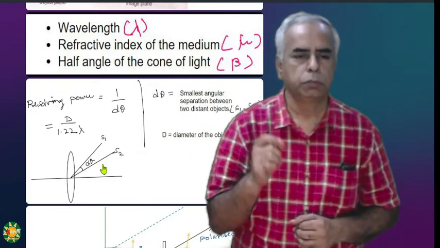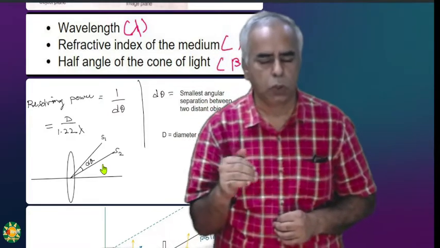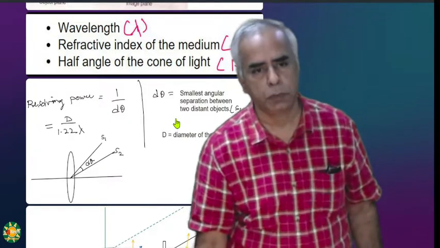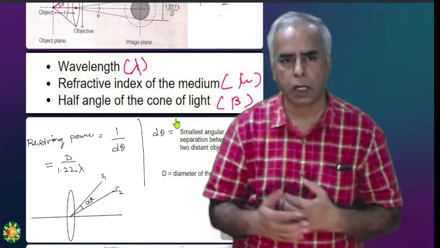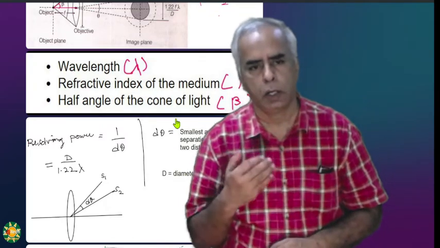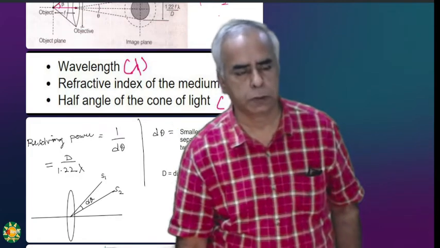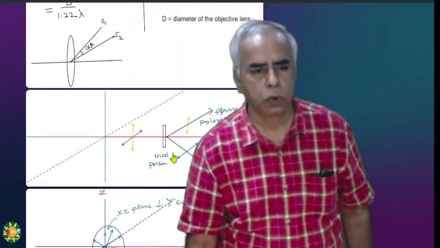That D divided by 1.22 lambda is called the resolving power. This is one of the important questions frequently asked in any test or examination based on wave or ray optics.